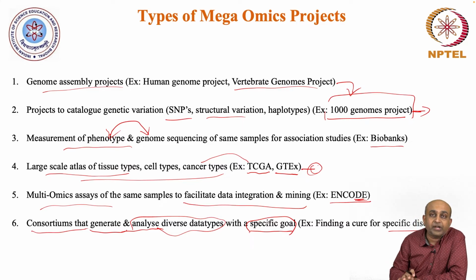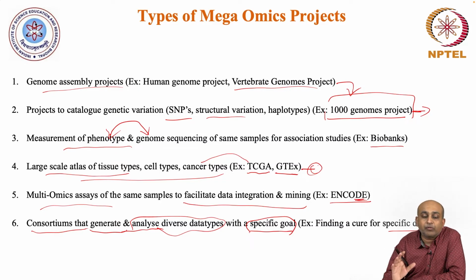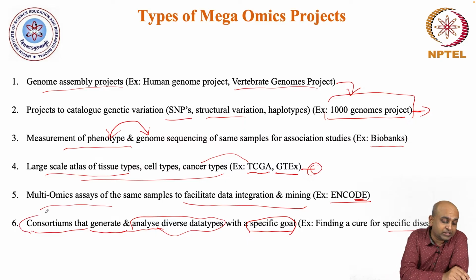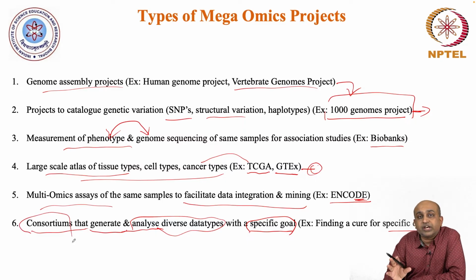So again, depending on the scope of the project, these mega omics projects can be very different. But the one thing that is common across all these mega omics projects is they tackle very large questions, right, where a lot of resources are required, and they involve such consortia to generate and analyze such large data sets.